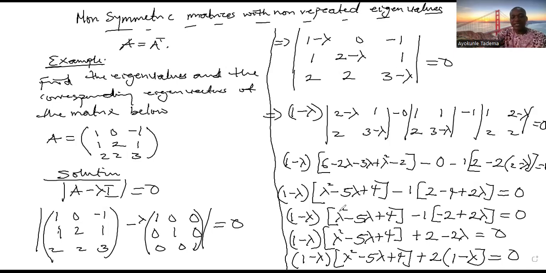From this last step, we can see that 1 minus lambda is common to both sides.